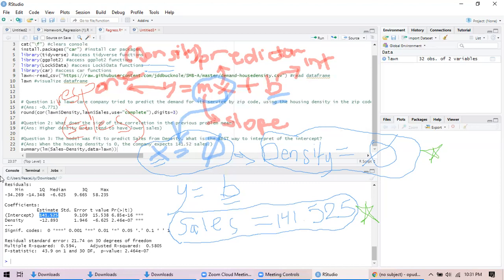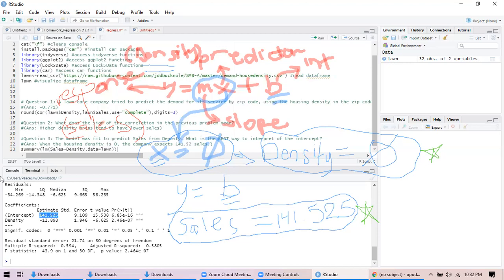Actually, y equals sales. So y equals b, and sales is b. So y equals sales equals 141.525. But that corresponds to x equals 0 too.